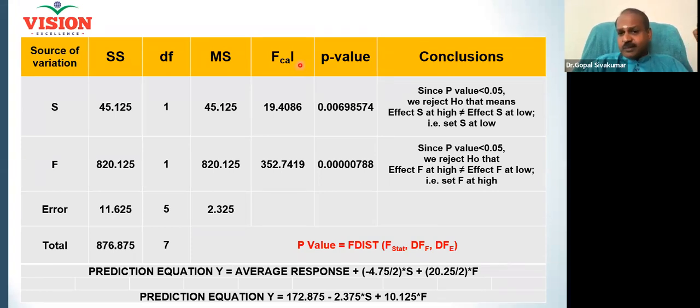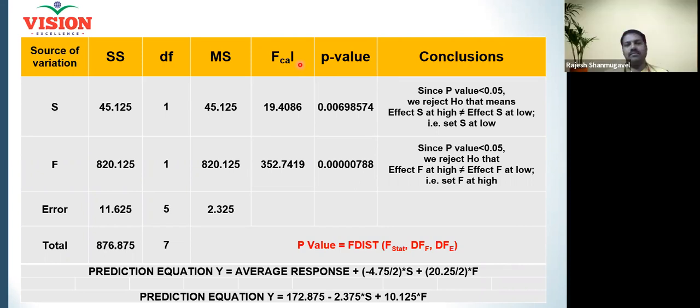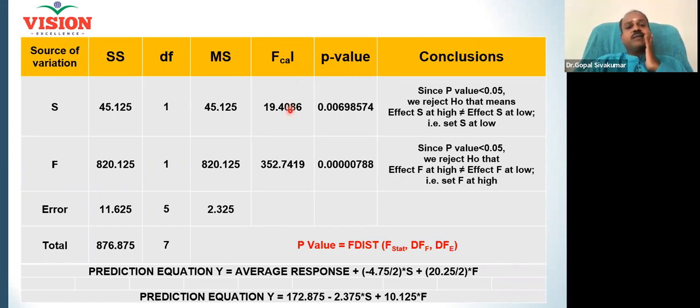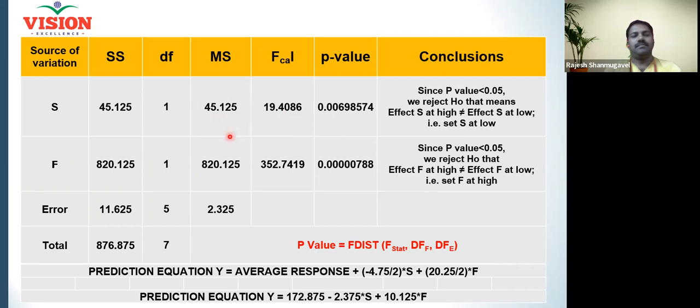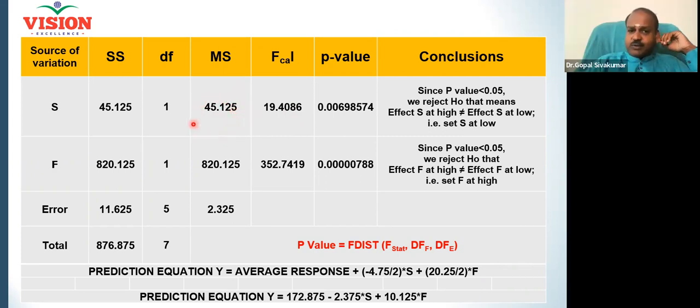Now the F score is nothing but the mean sum of squares of the variation, that is, the variation produced by the factor, divided by the variation due to the error.